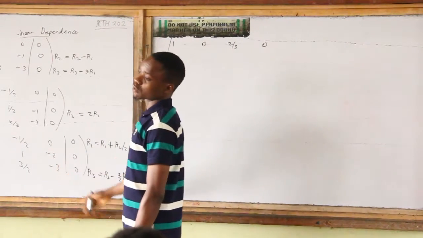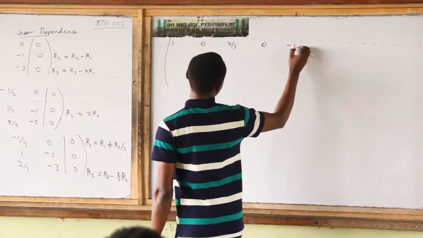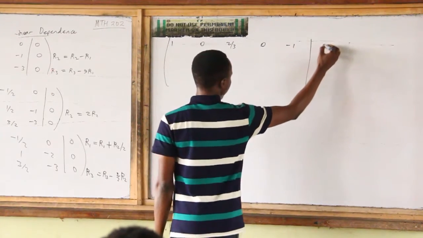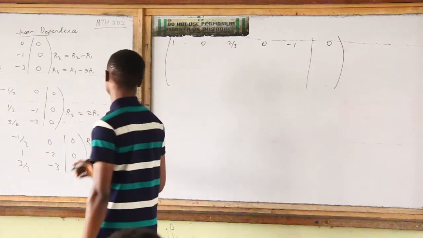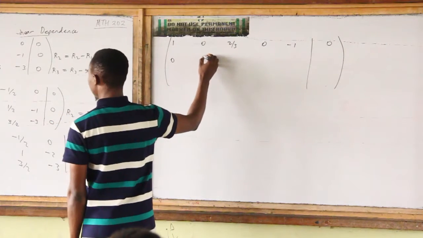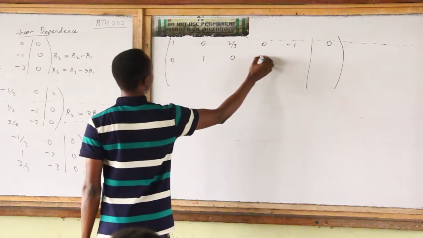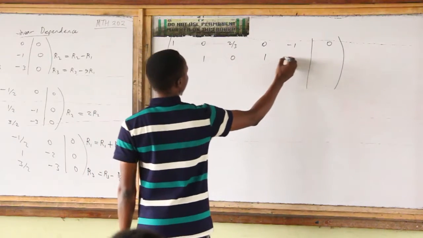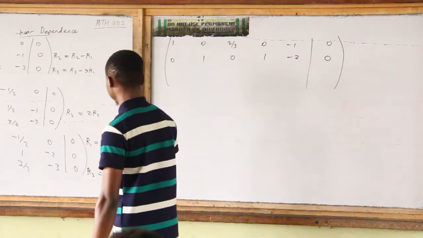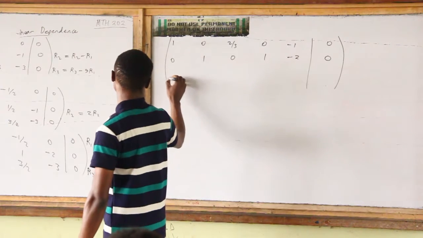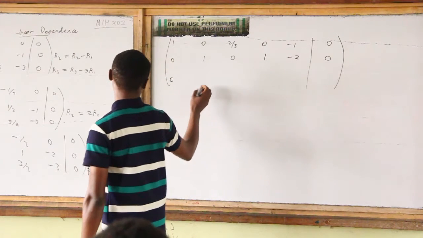R2 over 2 is minus 1. 0 plus minus 1, that's a minus 1. 0. So the second row, we're not doing anything to it. 0, 1, 0, 1, minus 1, 0. And last one, R3 minus 6 will be 0. And this is going to become 0.